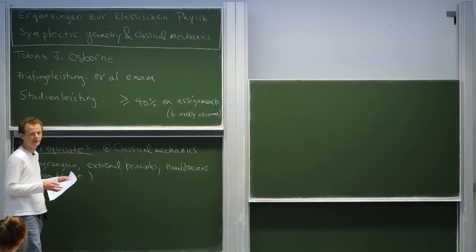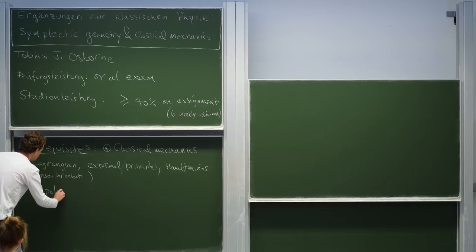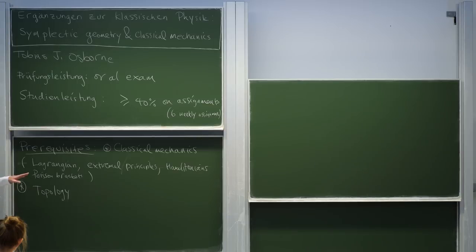There is a little bit of mathematical background in this course, and that is, I'm going to assume that you've met some aspects of topology. So you know the words open set, closed set, compact, and if you don't, then you're willing to go and look these words up.